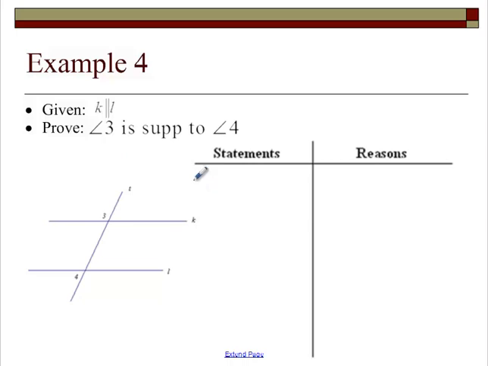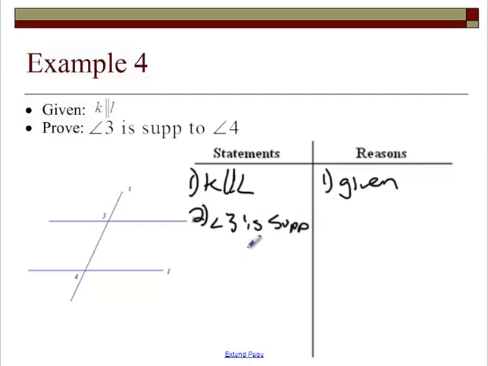Next one, K is parallel to L. Well, that's supposed to be a lowercase l. I'm just going to do capital just because it'll be a little easier on here. Step 2. Supplementary to angle 4y.